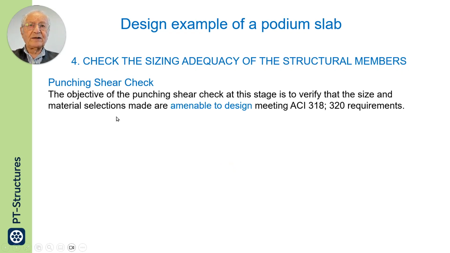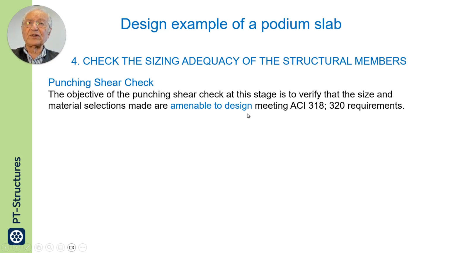Now, the objective of the punching shear check at this stage is to verify that the size and material selections made are amenable to design meeting ACI requirements. What do I mean? I mean that the dimensions we selected can conclude with a design.